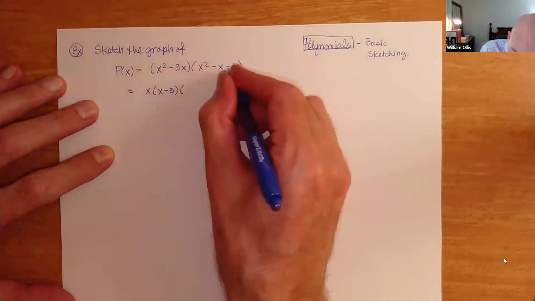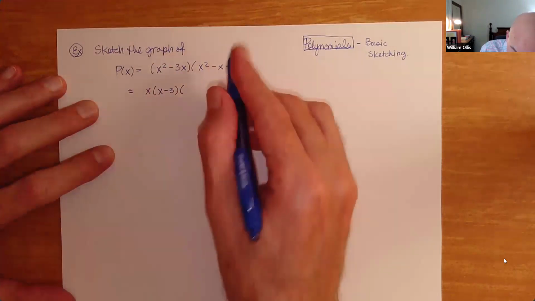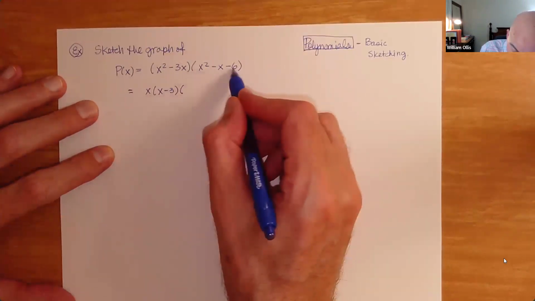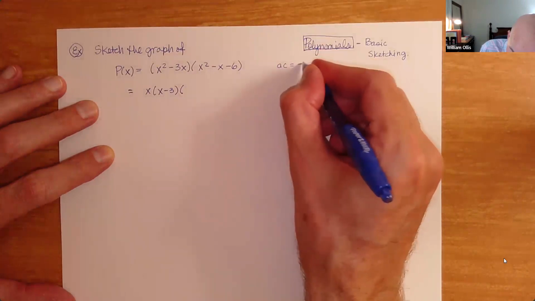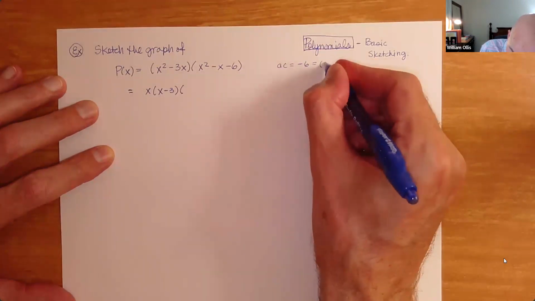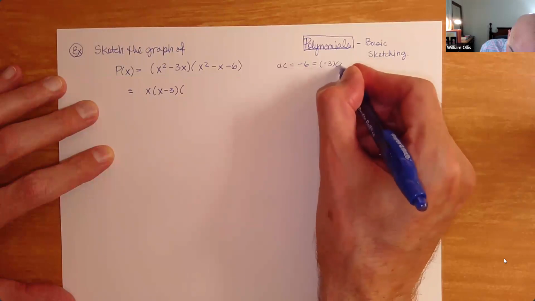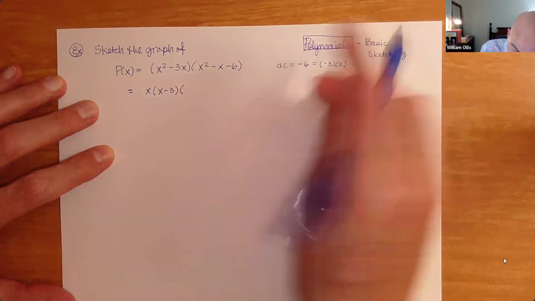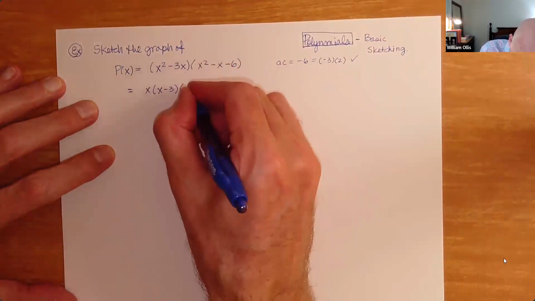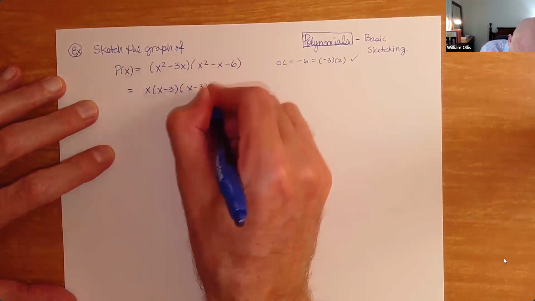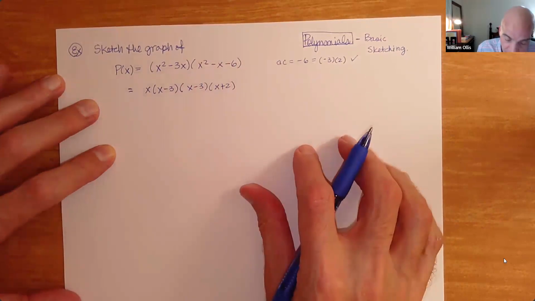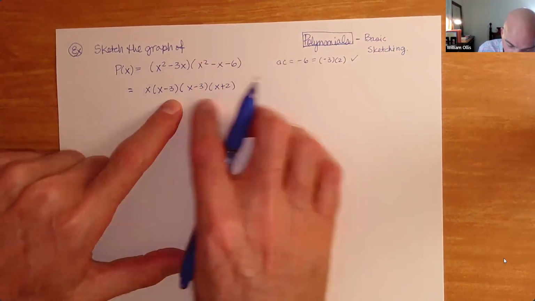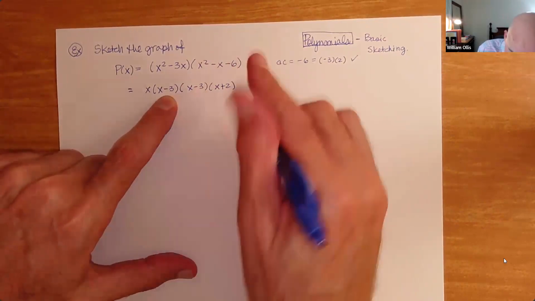And then, of course, here by the AC method, we've got AC equals -6, and we could write that as a -3 times a 2, and that'll give us the middle term. So we have x minus 3, x plus 2.